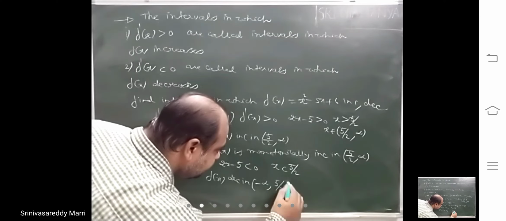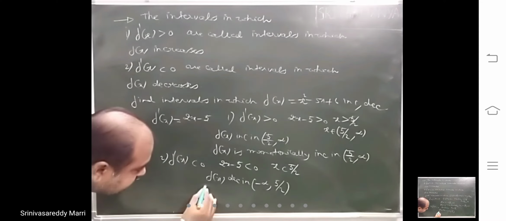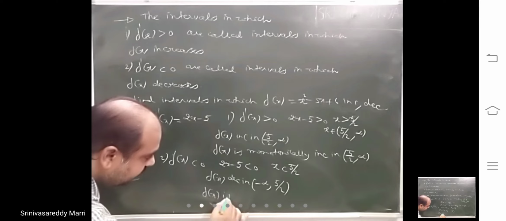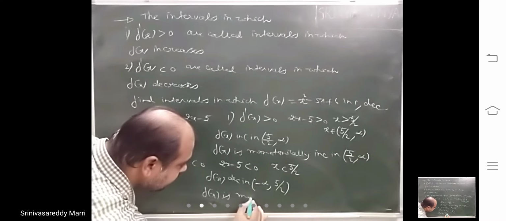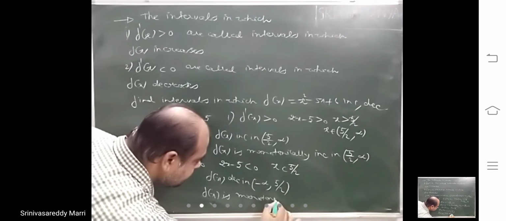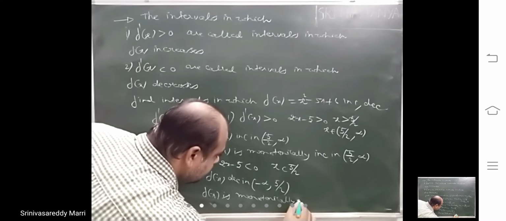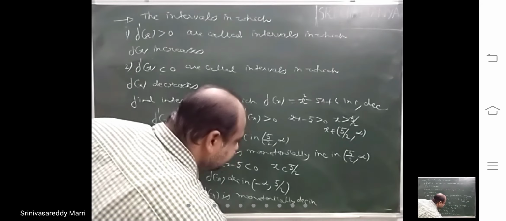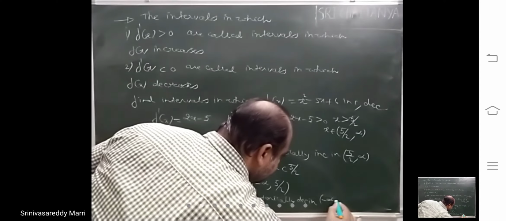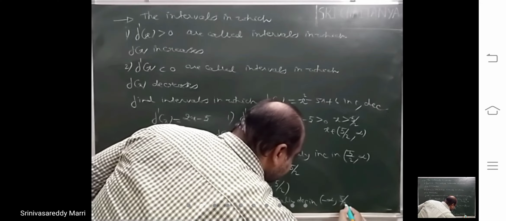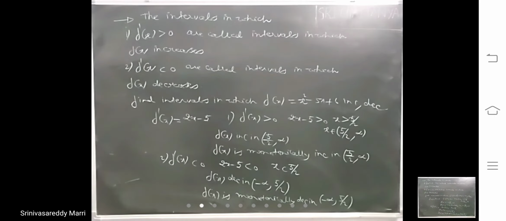Or we can say f of x is monotonically decreasing in minus infinity to 5 by 2.